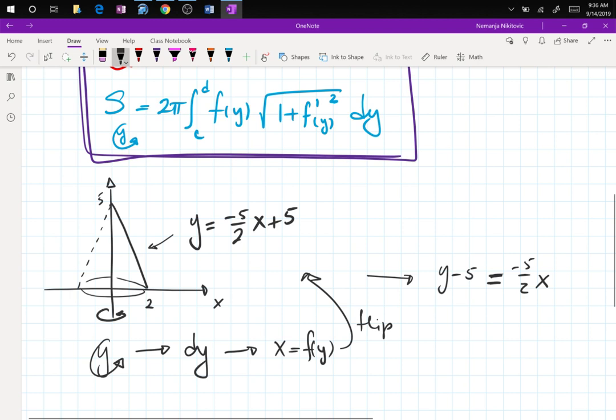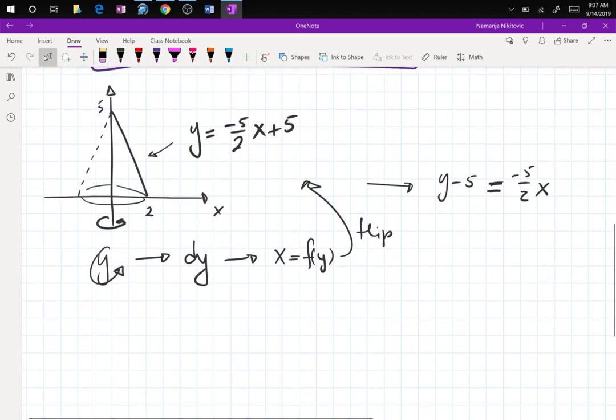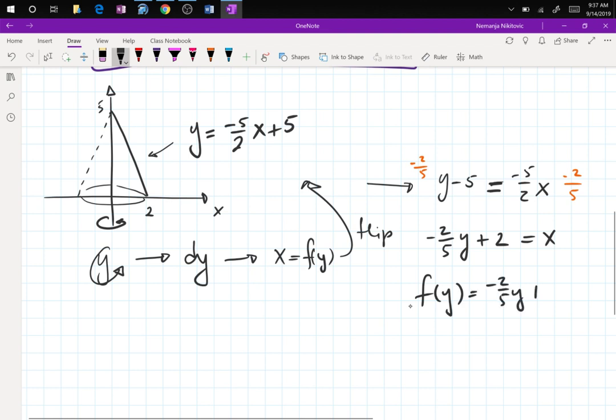I just multiply both sides by negative 2/5, and we get negative 2/5 y plus 2, because 5 and 5 cancel, and that is equal to x. So my f of y is equal to negative 2/5 y plus 2. That's what we have.